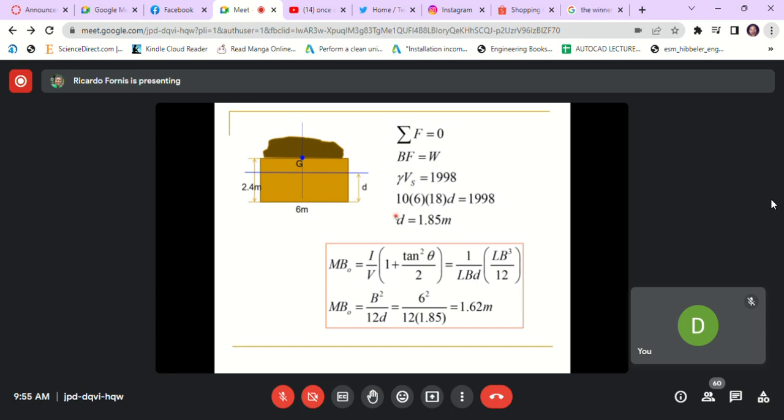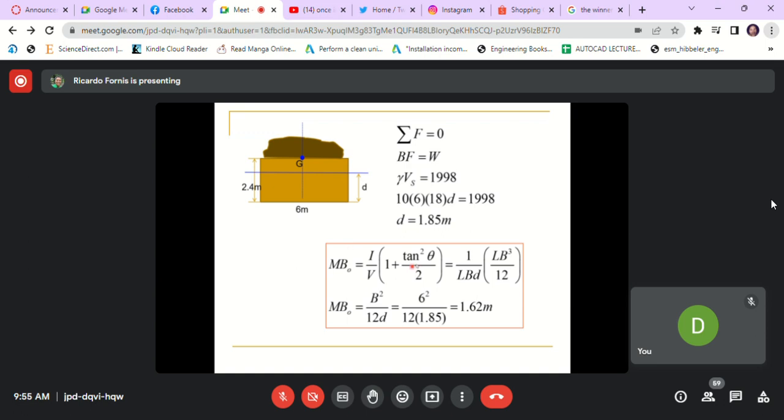Knowing the draft, we can now calculate the center of buoyancy, because the figure submerged is a prism, meaning a rectangular prism. So the centroid is exactly at the center of the rectangle, meaning it is located at D divided by 2.